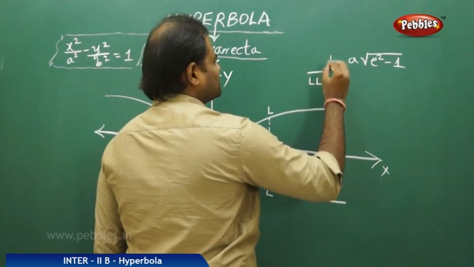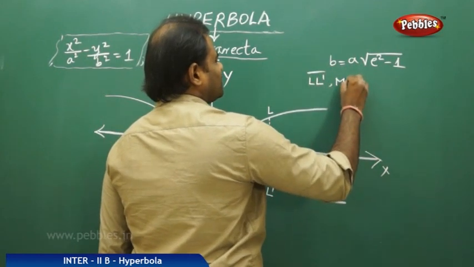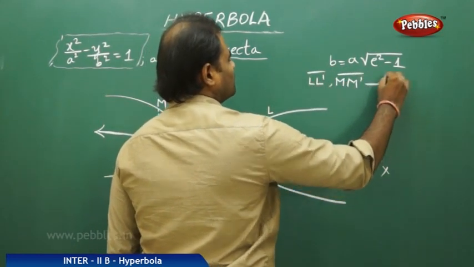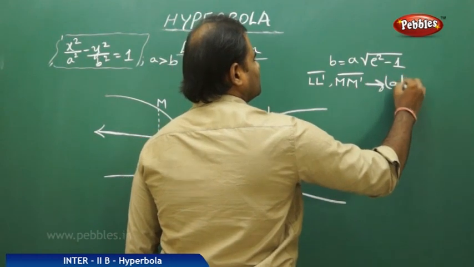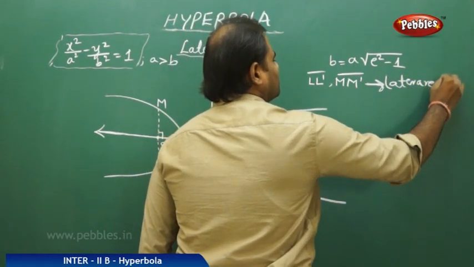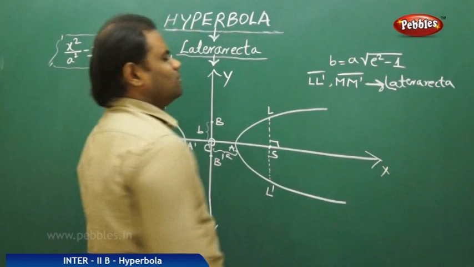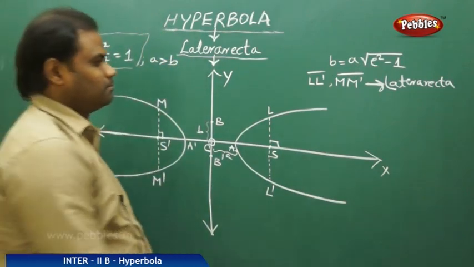So LL dash and MM dash are called latera recta for the given hyperbola.